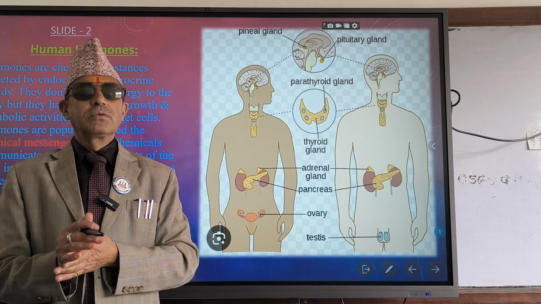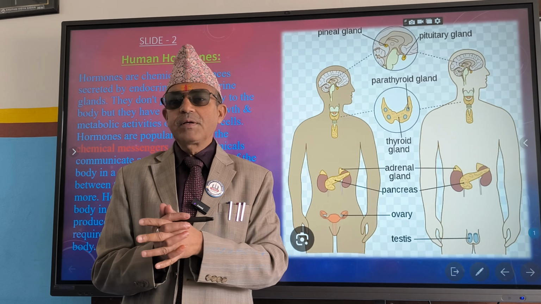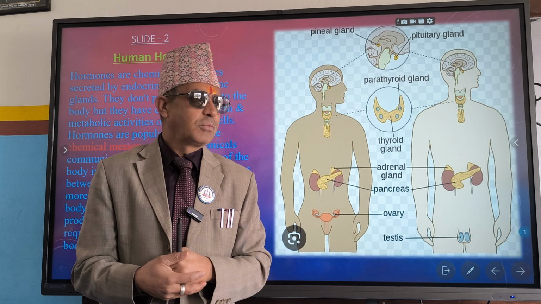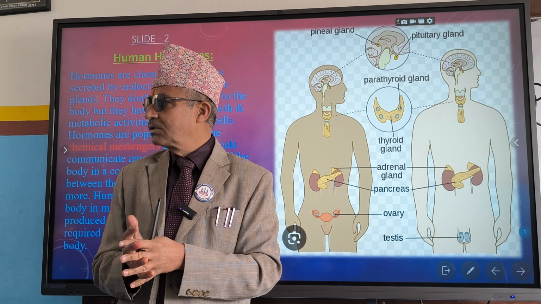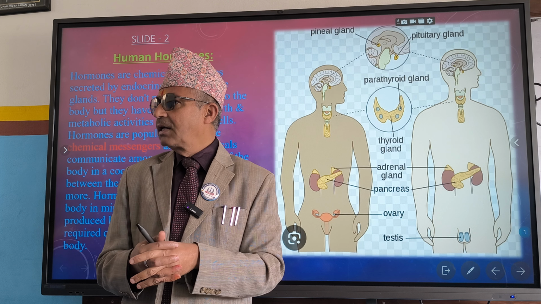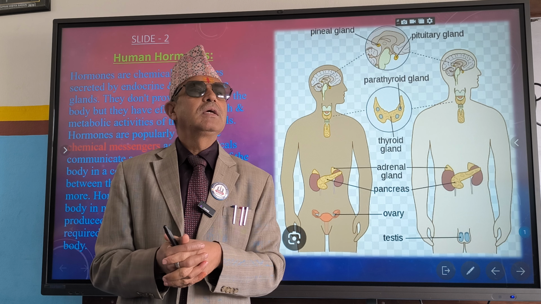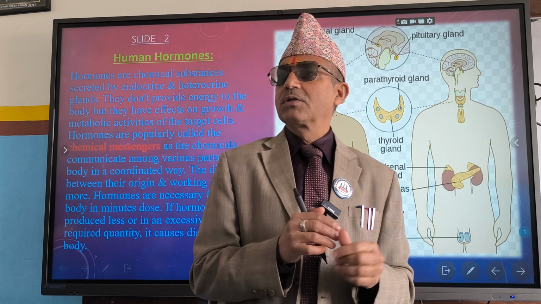So first of all, we have to know about hormone. What do you mean by hormone? What are hormones? Chemical messengers. How can you say chemical messengers? The hormones are called chemical messengers. But what are hormones? Chemical substances that are secreted or produced by endocrine glands. Endocrine glands produce a kind of chemical substance.